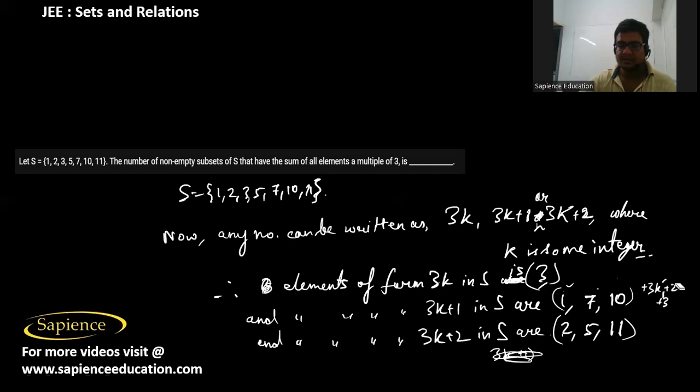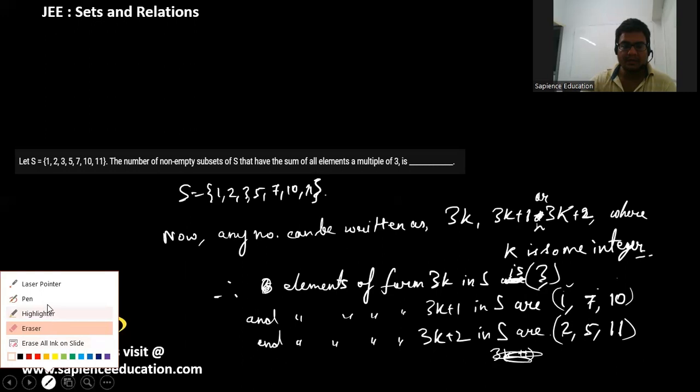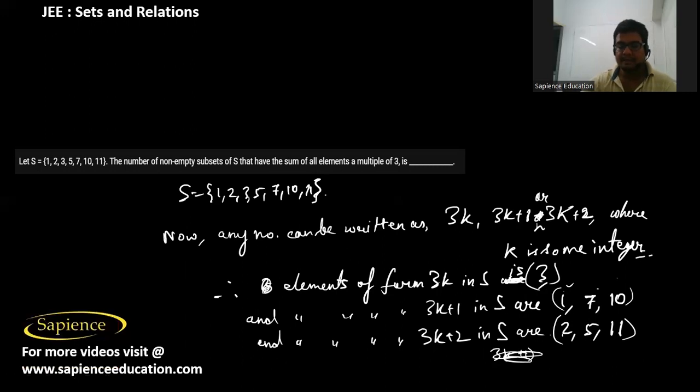Actually, what is happening? Suppose you take numbers which leave remainder 1, and if you take two such numbers, then the sum of the remainders will be 2.